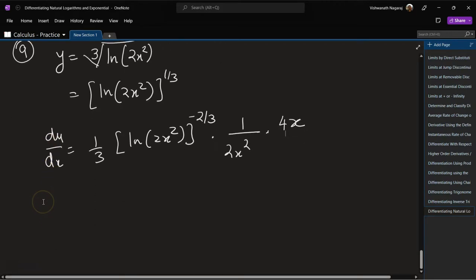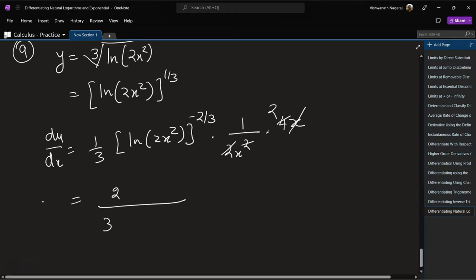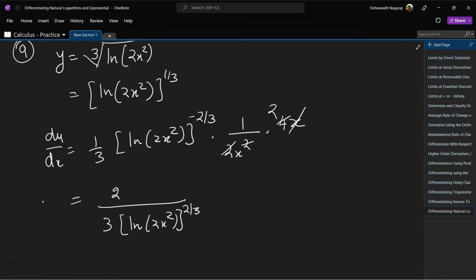And now let's see what all cancels. One of the x cancels, two 2s. So we have only 2 in the numerator, because this is negative, it will go down. So 2 by 3 natural log of 2x square to the power of 2 by 3 times x.